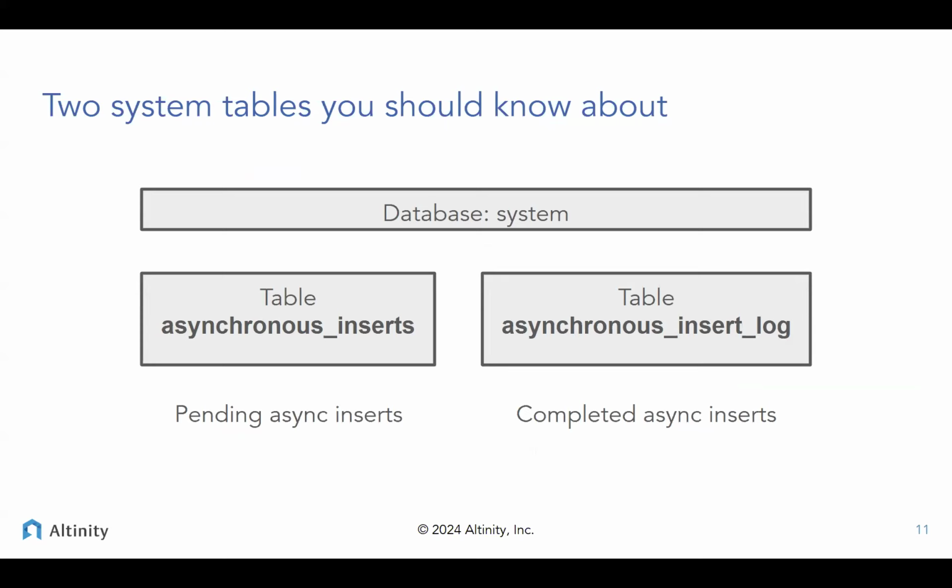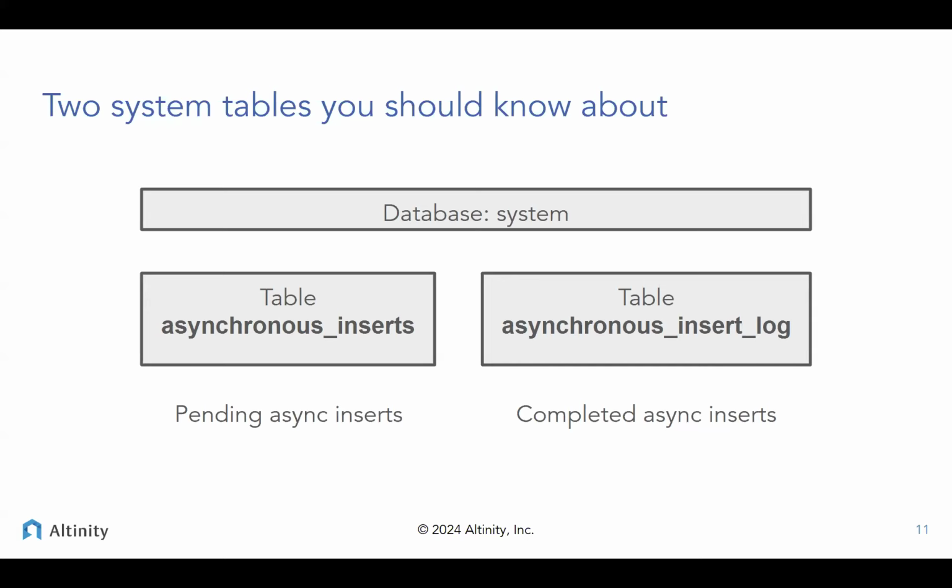Yeah. And these are two tables. If you use asynchronous inserts, you should know about these two system tables. Generally speaking, if you've ever heard any of the webinars that I've done, either by myself or with other people, I love ClickHouse system tables. They're really awesome. And so async inserts have this great observability, as Diego says. While the insert is waiting, it will appear in the asynchronous inserts table.